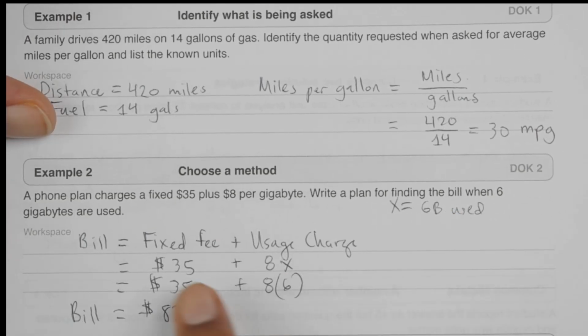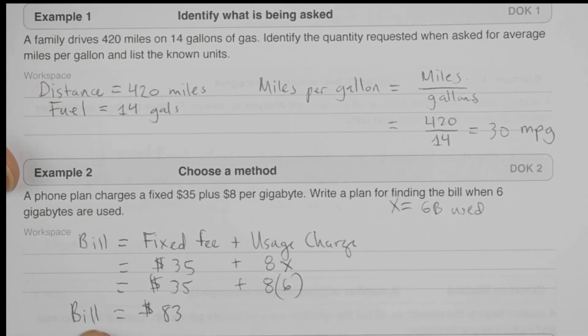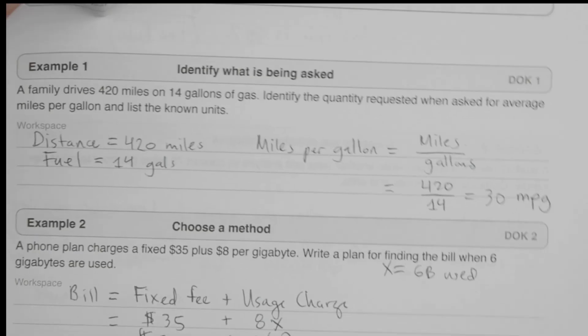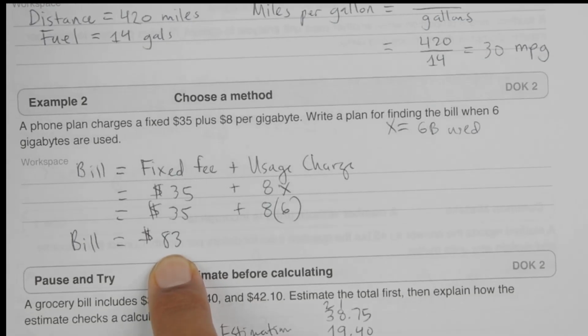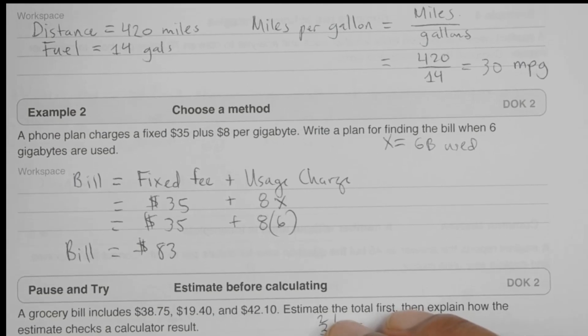The bill is the fixed rate plus the usage charge. I substituted 6 for x because we're using 6 gigabytes in this question. So the bill is equal to $83 before taxes, and that is the conclusion of this one.